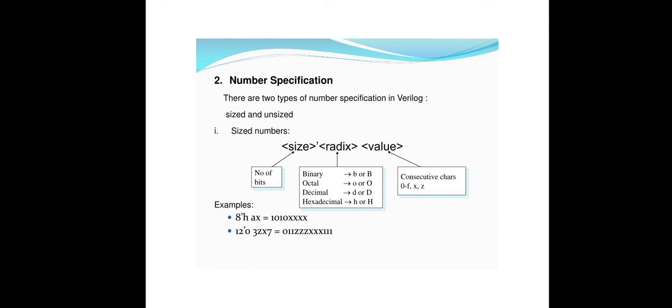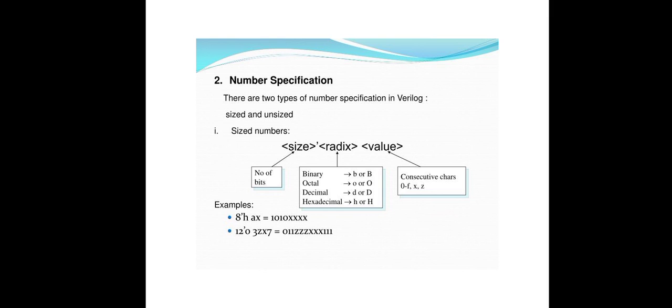Then next is the number specifications. Two number specifications are used here: signed number or unsigned number. Sized number, the value is set, that is the size, or radix. Size means the number of bits: 1 bit, 2 bits, 3 bits, 4 bits.